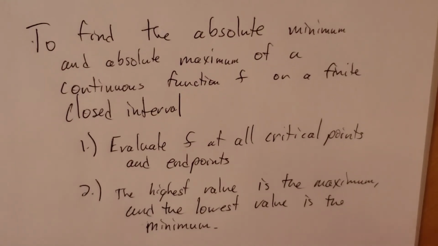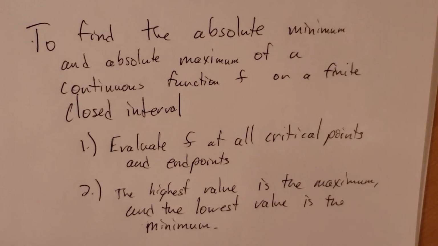All right. So again, what does this say? This says that if we have a continuous function f on a finite closed interval, then to find the absolute max or minimum, we know that it occurs at either one of the critical points or at the endpoints of this interval.